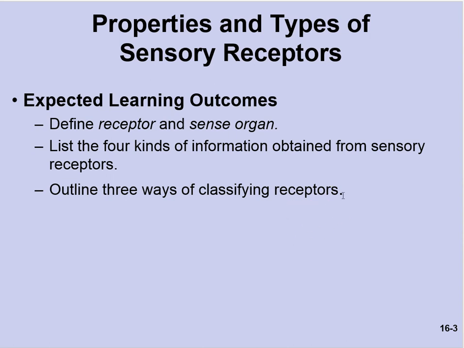Many things that we'll do in this chapter are also covered in lab, so we won't cover much of the end parts in lecture, especially the specifics of each of the different types of senses like hearing, smell, and touch, etc. But we'll look at the general information for that part of the chapter.